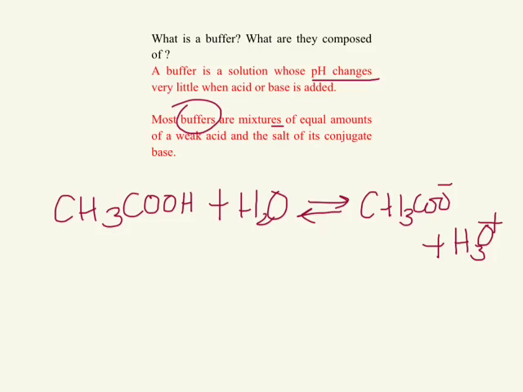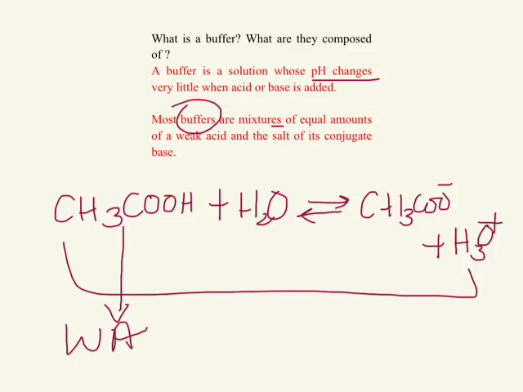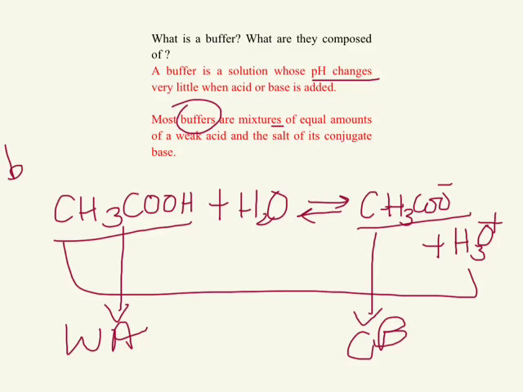So now if we look at this solution, we have a weak acid and its conjugate base. And if they are in approximately equal or equal amounts, then we call it a buffer.